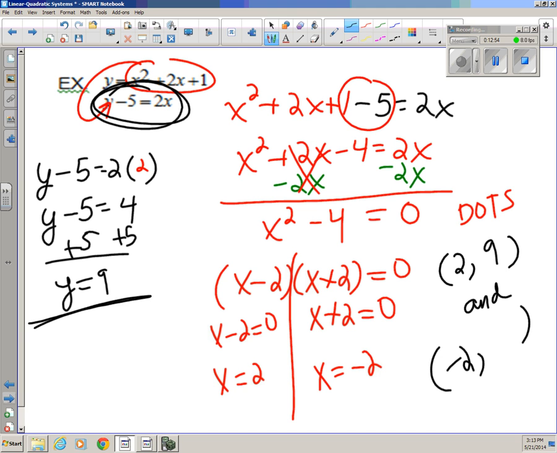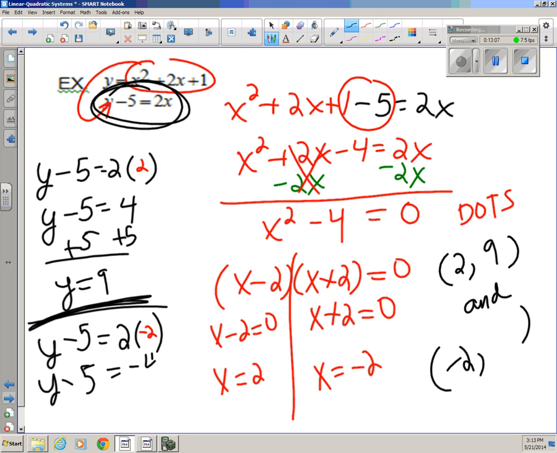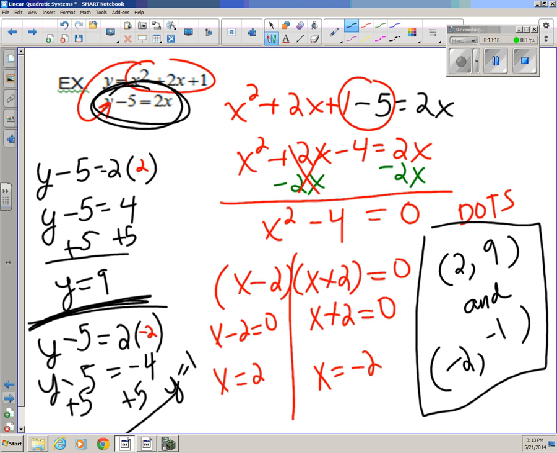If we do it again, and we say y minus 5 equals 2 times x, and this time x is -2, this becomes y minus 5 equals -4. Add 5, y equals 1. So when x is -2, y is 1.